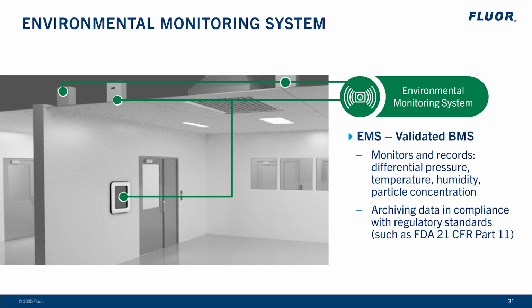The Environmental Monitoring System, EMS, is a validated component of the BMS architecture, or alternatively part of a process DCS system. It continuously monitors and records key environmental parameters such as differential pressure, temperature, humidity, and optionally particle concentration.